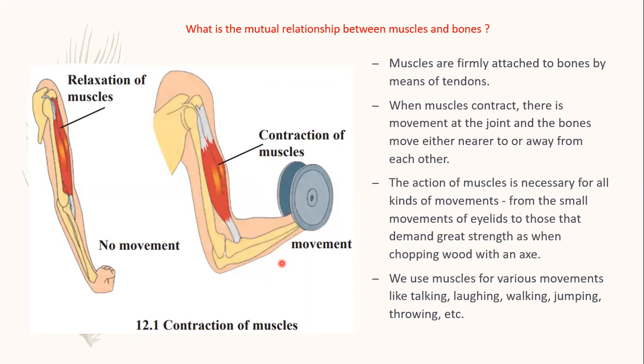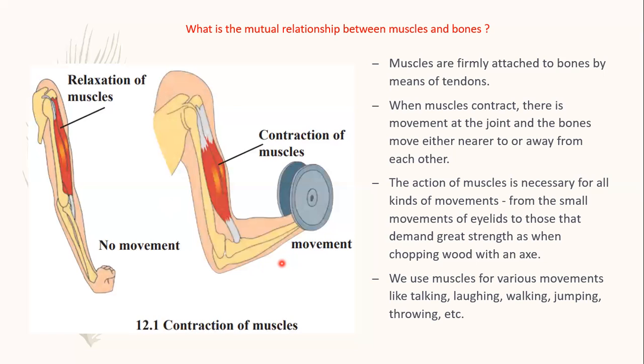Now why are muscles so important to carry out any function? The reason is, muscles are very necessary for carrying out various kinds of movements. Even if you are sitting and typing or writing, or using your mobile phones, muscles play a hugely important role in any kind of function that your body is doing.